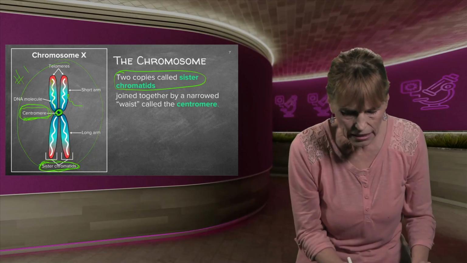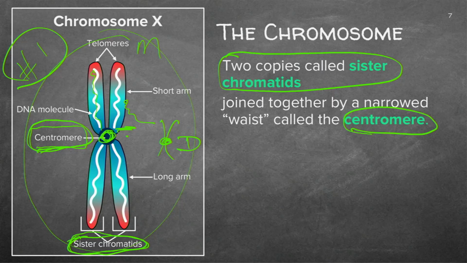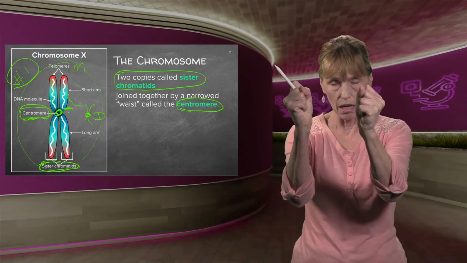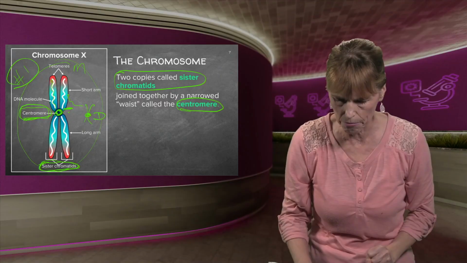This looks like an X, and if this one is blue, you can have one here. That would be, say, mom, and this would be dad. And they will all be copies of chromosome number 1. And they are tied together with a centromere. All right. So you've got 2 moms and 2 dads with a centromere. Now you've got 4 of chromosome number 1.